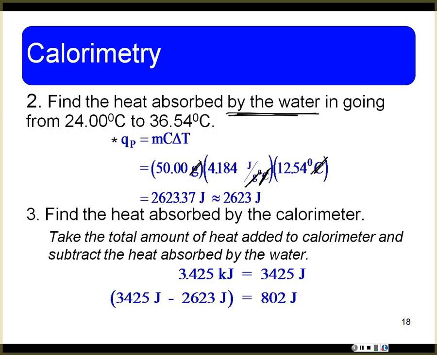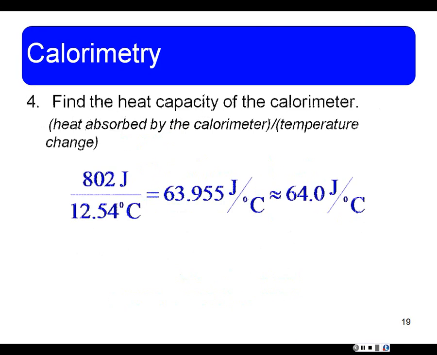Okay, but are we done here if we're asked for the heat capacity? Exactly, so we have one more step. This is probably the most forgotten step of this problem. This is still the heat only of the calorimeter. So if we go one more step, all we have to do is divide.